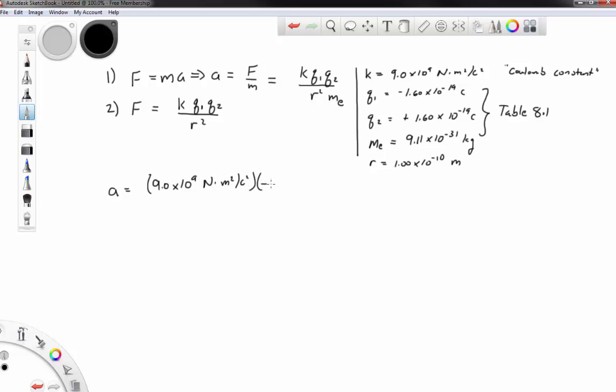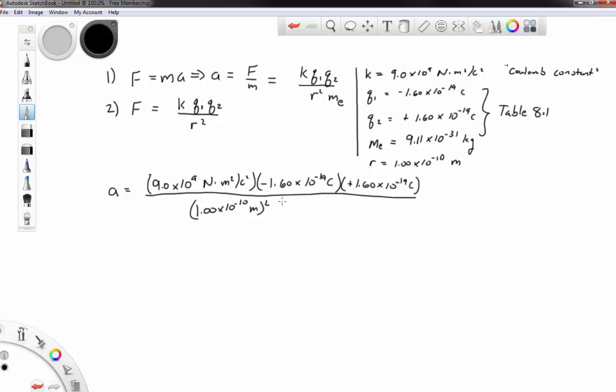times minus 1.60 times 10 to the minus 19 coulombs, that's for the electron charge, and then another plus 1.60 times 10 to the minus 19 coulombs, and that's the proton's charge, and then that's got to be divided by 1.00 times 10 to the minus 10 meters, and that is the separation distance, so that's got to be squared.